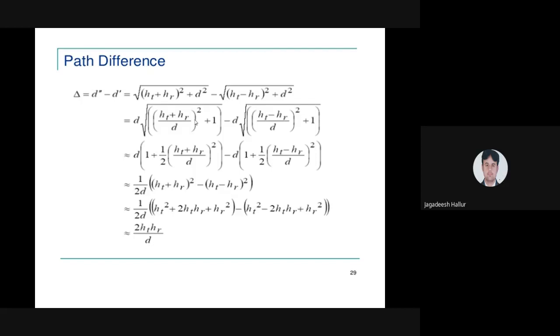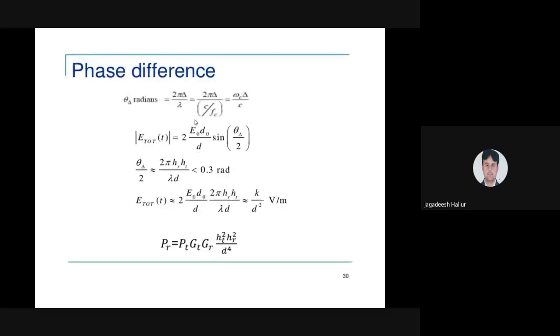So the path difference, del, is approximately equal to twice the transmitter height and receiver height with respect to the distance d. First write del equals d double dash minus d dash. So del equals 2 ht hr divided by d; you have to calculate this for the path difference.